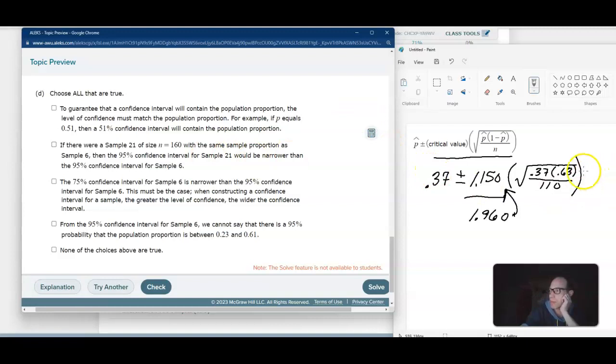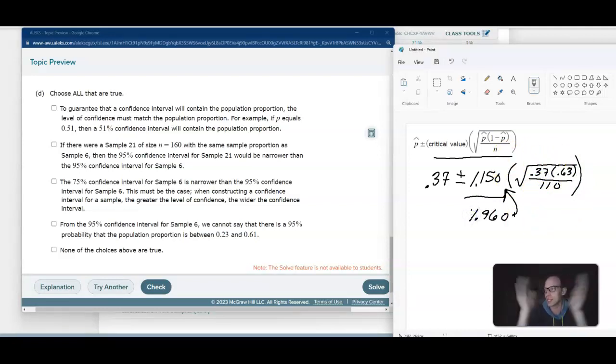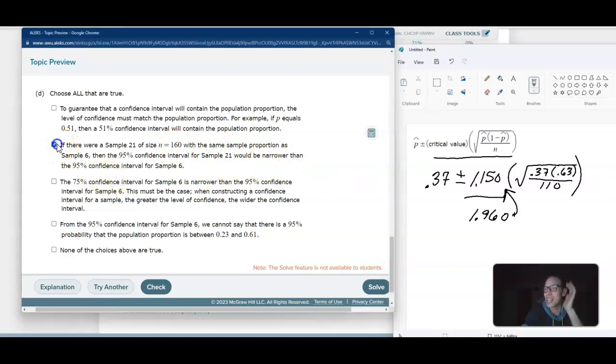And you can look at mathematically why that's true. The bottom of the fraction is going to get bigger. So this whole thing's going to get smaller, which means the distance you're going to the left and right is smaller. So this is true. 95% confidence would be narrower. I just read another problem where it said would be wider than. So it would be narrower, the higher sample size.